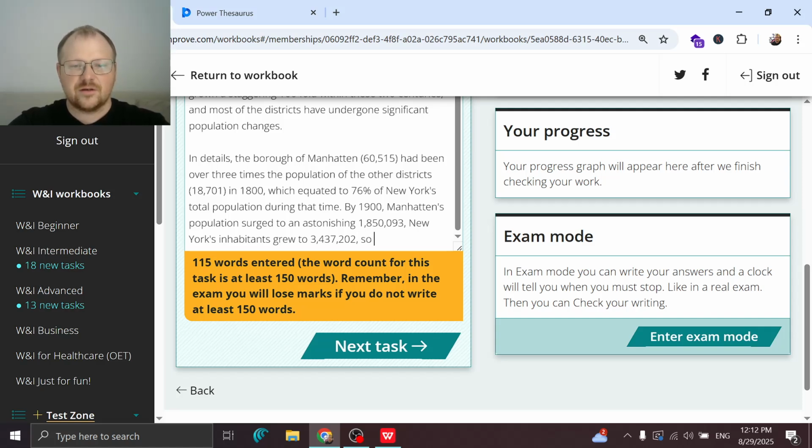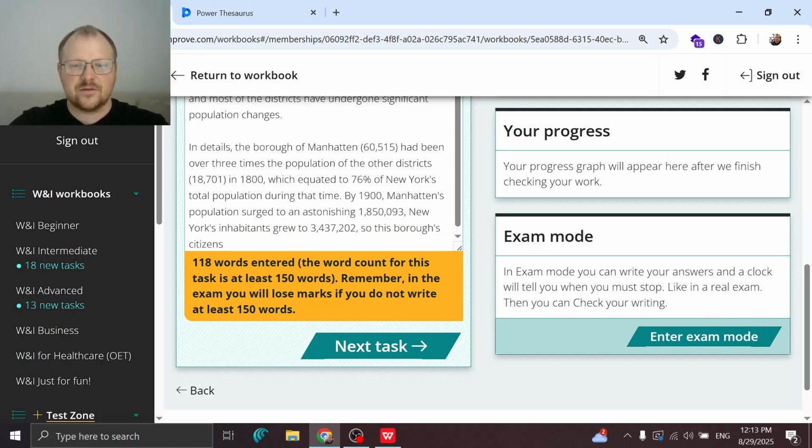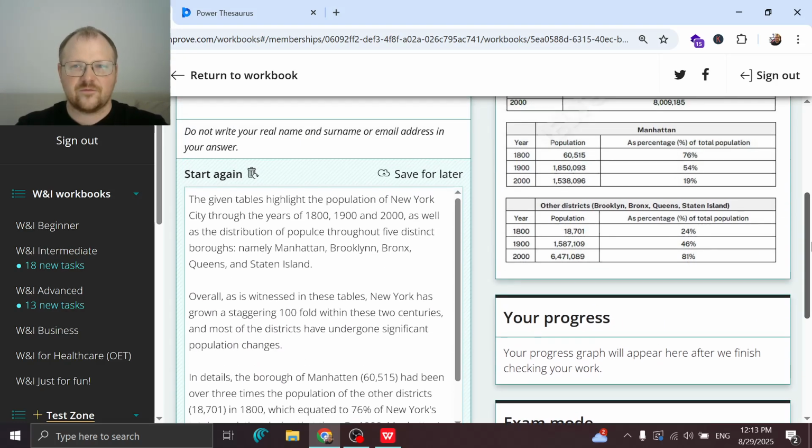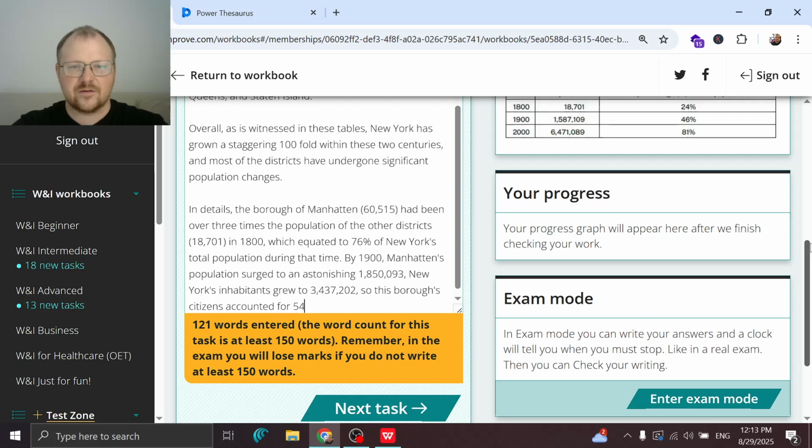So this borough's citizens accounted for 54%. 100 years later.